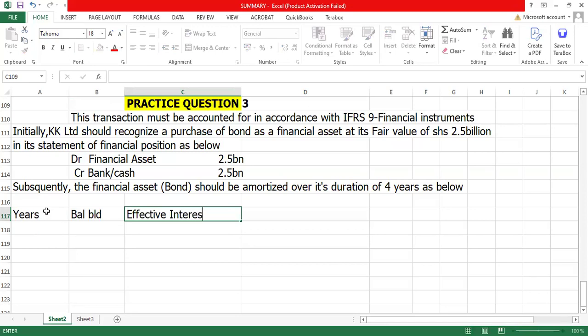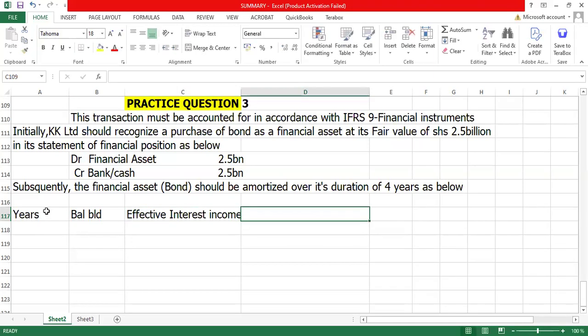If you're dealing with a financial liability, you put here interest cost. Then you put here the coupon or the cash flows, the cash inflow.